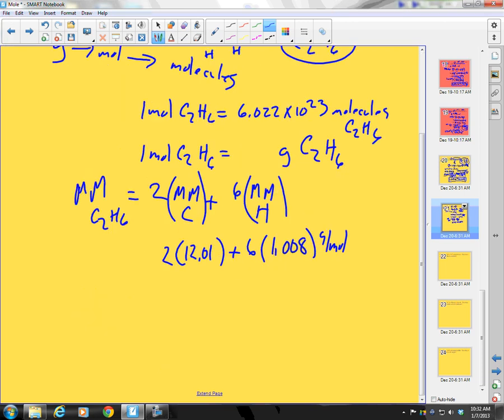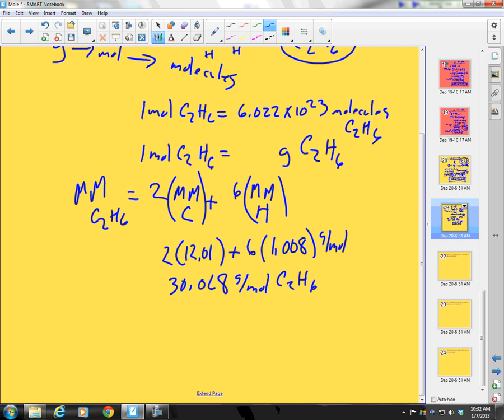Good. Here we go. You ready? 6 times 1.008 plus 2 times 12.01, and that looks to me like it is 30.068 grams per mole of ethane. Cool. All right. You ready to work this all out?